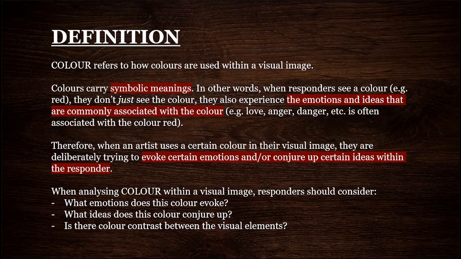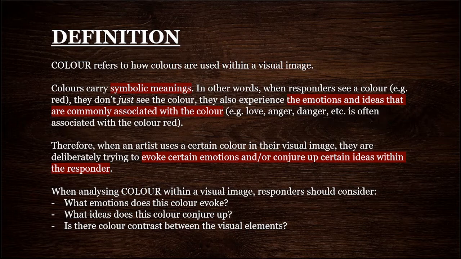When you see a color, you also experience the emotions and ideas that are usually related to that color. The example that I give is when you see the color red, you don't just see red. You see love or anger or danger. The reason why you experience these feelings or thoughts is because it's been culturally embedded within us.